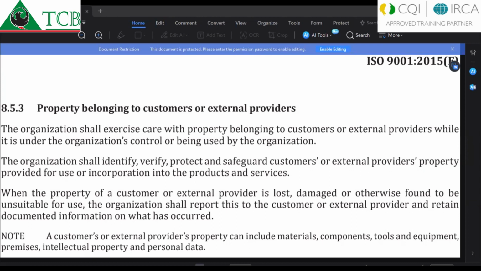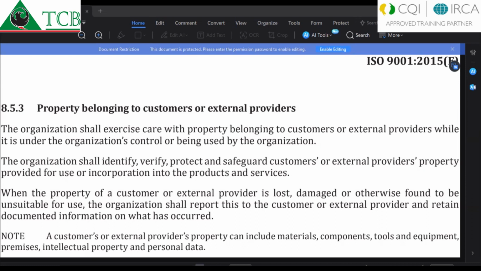For example, I've given an example of piping component and piping section replacement within a gathering center. So the gathering center itself is the customer premises, which you have to protect. Intellectual property could include their calculations, secret formulations, and stuff like that.